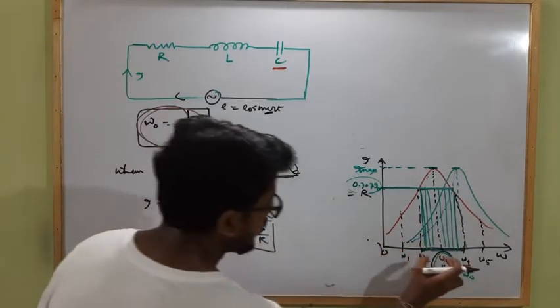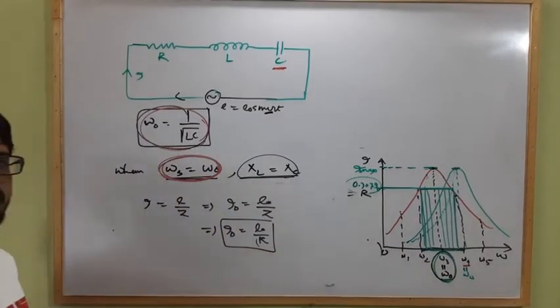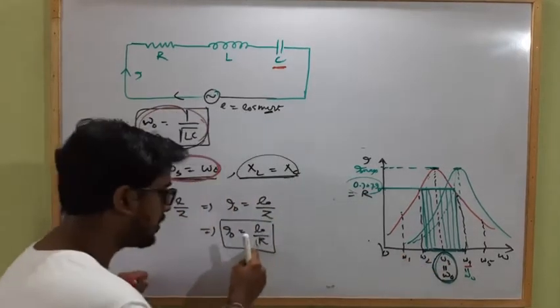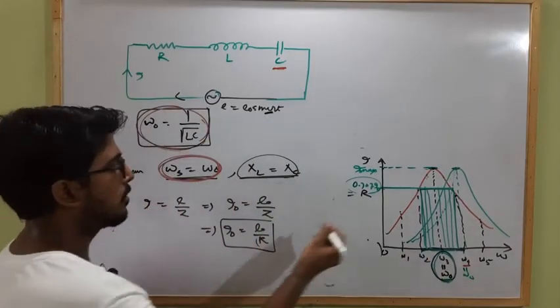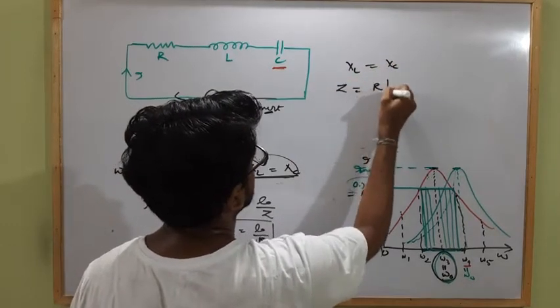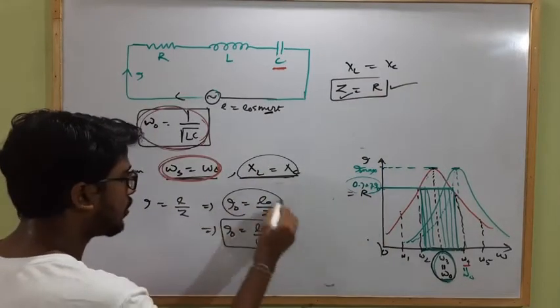So in this case, if I decrease R, I naught will increase further. Clear? Because when XL equals XC, Z equals R, so when we decrease R, Z will decrease, and if Z decreases, I naught will increase.